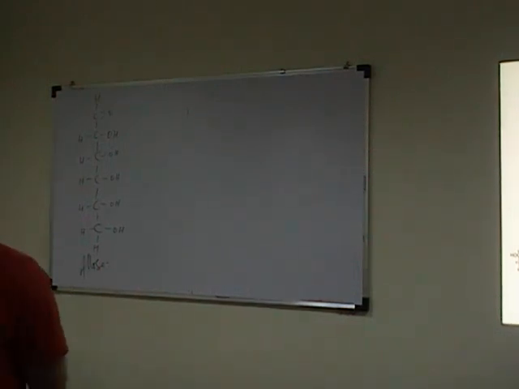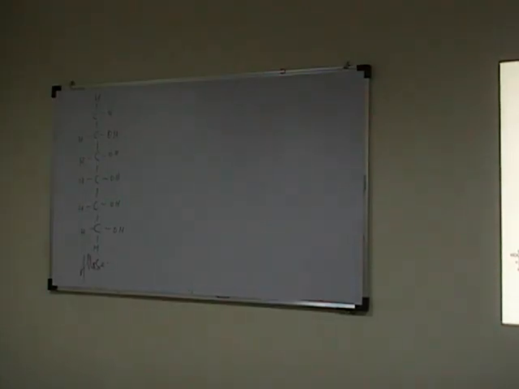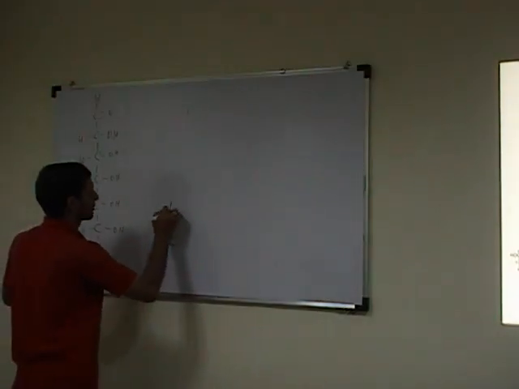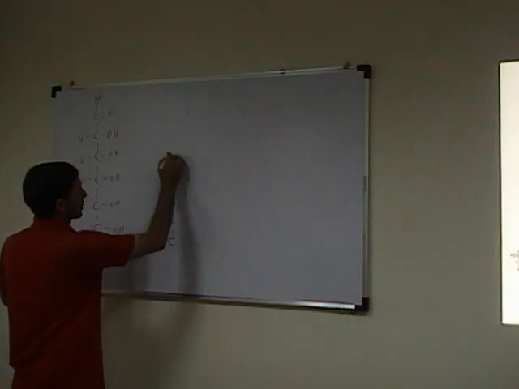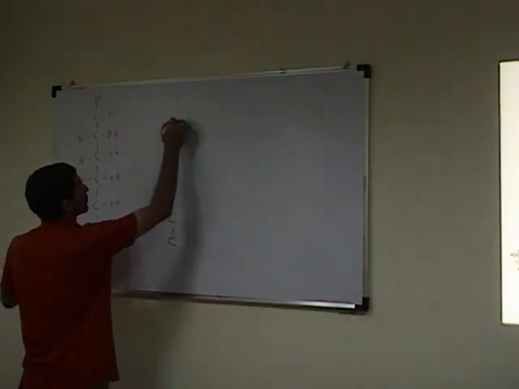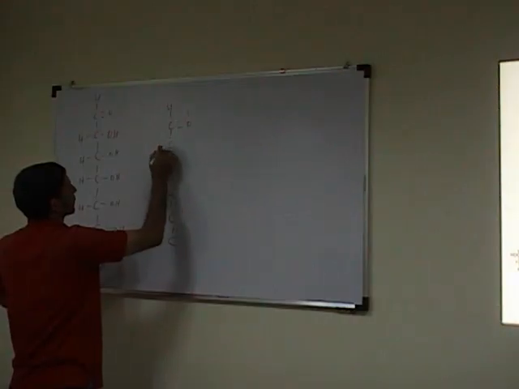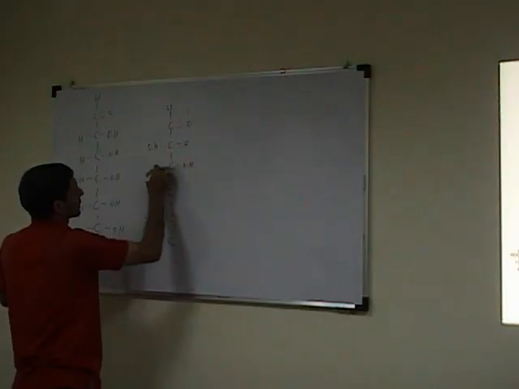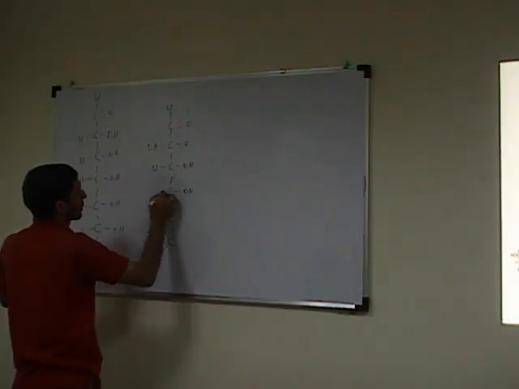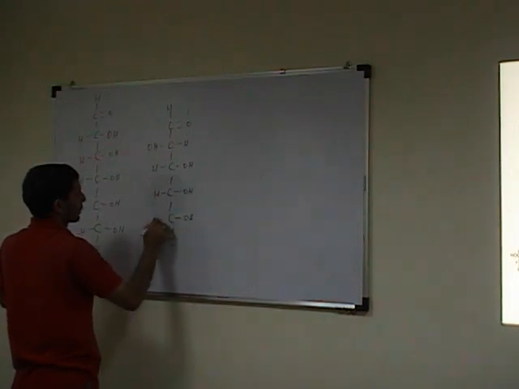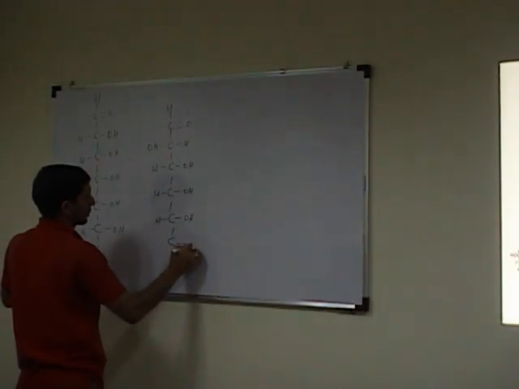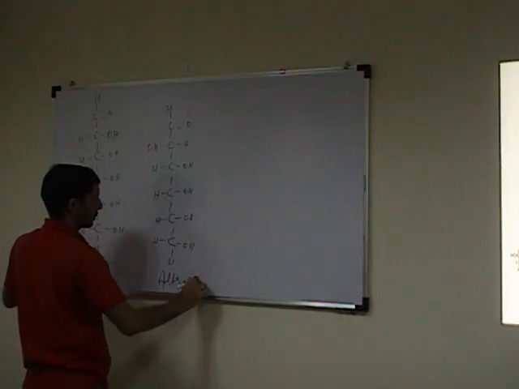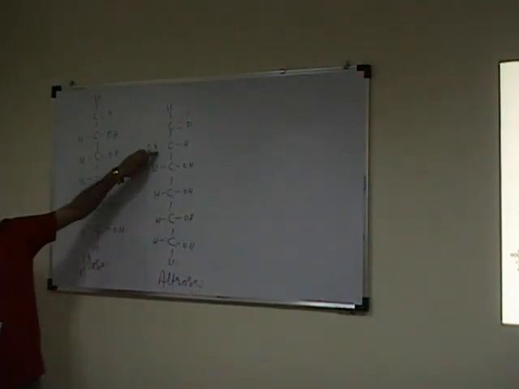Tagatose is in keto form. Can you please repeat? I am explaining it. It is allose, okay, same 6 carbons. You have to change the position. Second carbon, the other one, it is altrose.